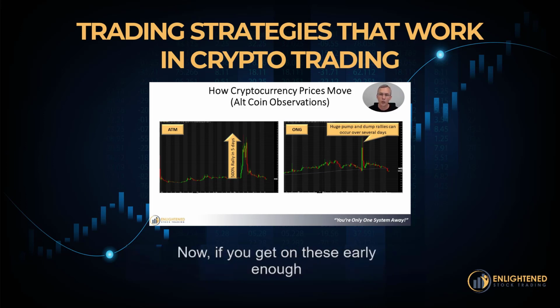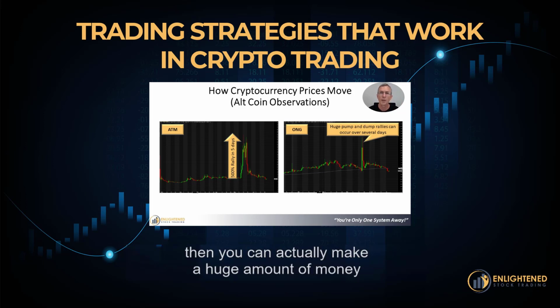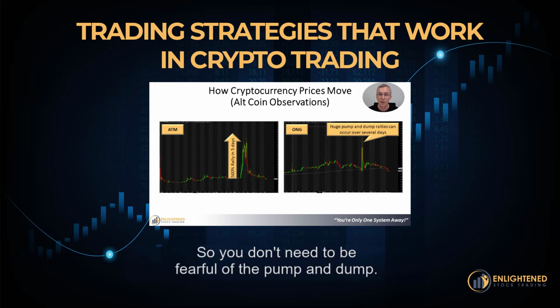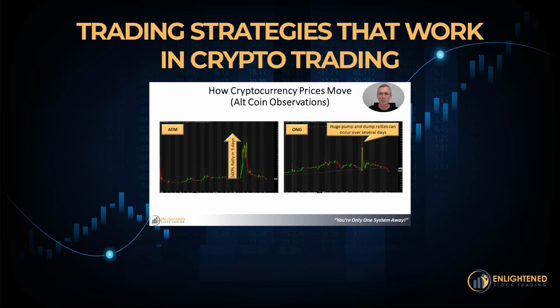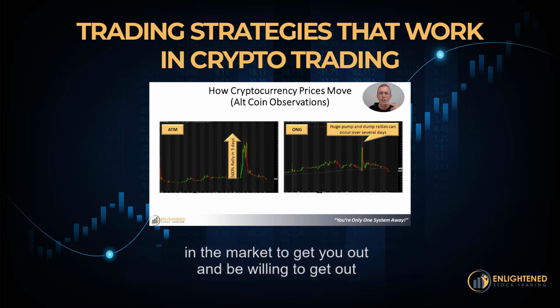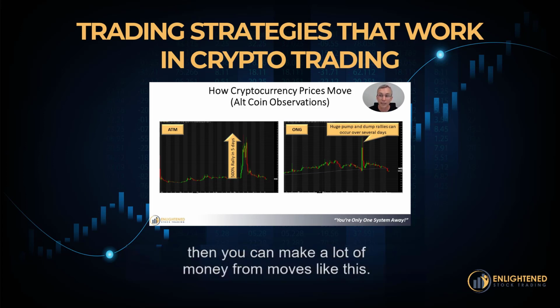Now, if you get on these early enough and you have a profit take in the market, then you can actually make a huge amount of money very, very quickly with this style of move. So you don't need to be fearful of the pump and dump. You just need to be nimble. And so, a lot of the systems are entering on breakouts, and I know you love breakouts. But if you have a profit target in the market to get you out, and be willing to get out before it really looks like the high is in, then you can make a lot of money from moves like this.